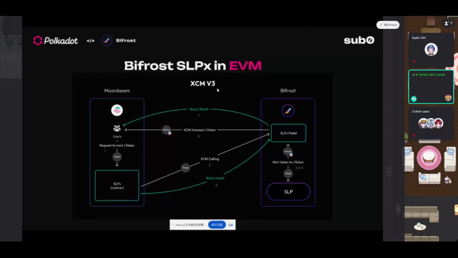Let's say we are sending the token from Moonbeam to Bifrost, so Moonbeam will get a result on whether the token was sent successfully or not. The query response will tell us yes or no. That's the importance of using XCM v3.